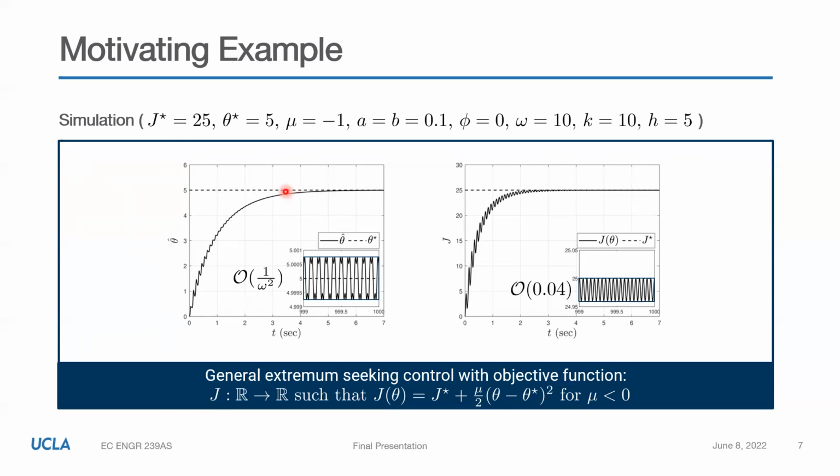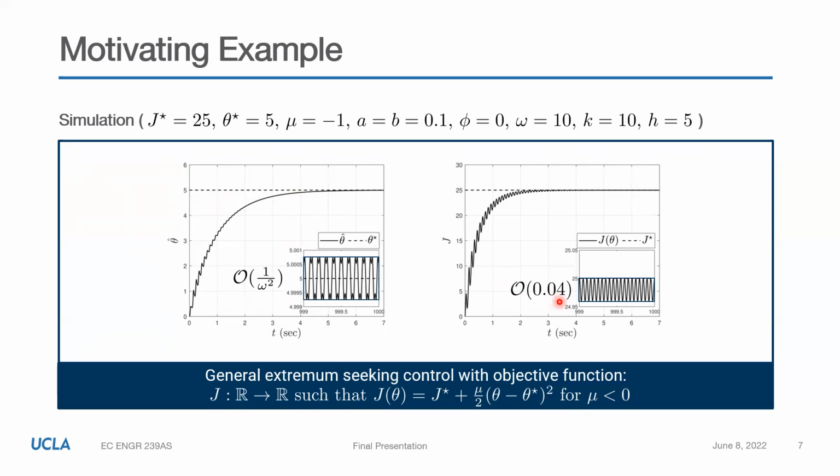There's no chance of this getting caught in a local extremum off of the global. So also for J, we see J converges to a 0.04 neighborhood of J star.